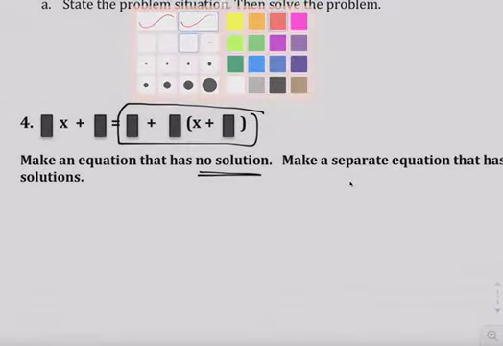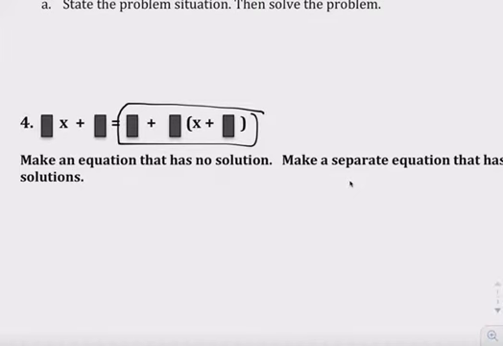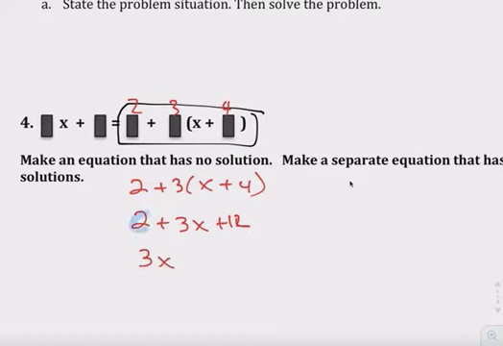Put any number you want, except the only numbers I will not allow are 0 and 1. So we'll put 2, 3, 4. Make it easy, right? So it's 2 plus 3 parentheses x plus 4. So we get 2 plus 3x plus 12. We get 3x, combine like terms here, plus 14.